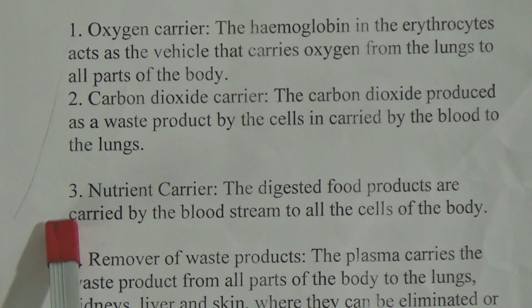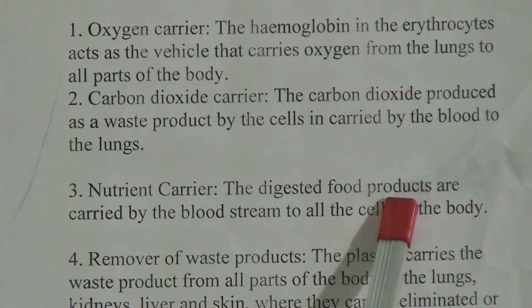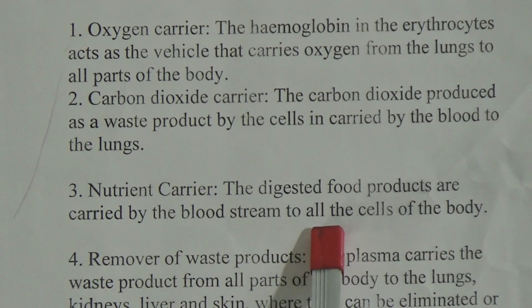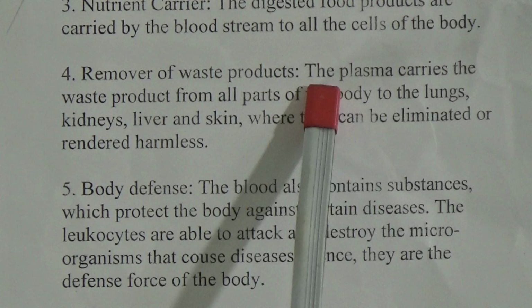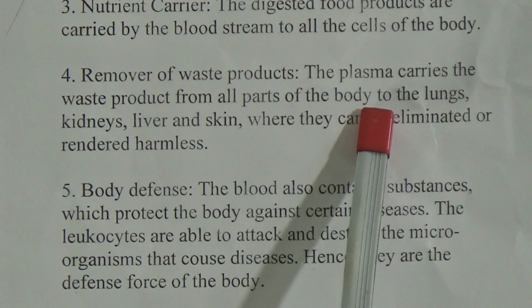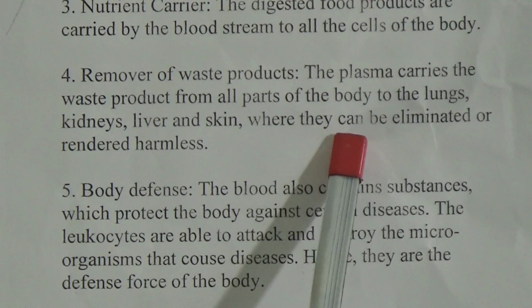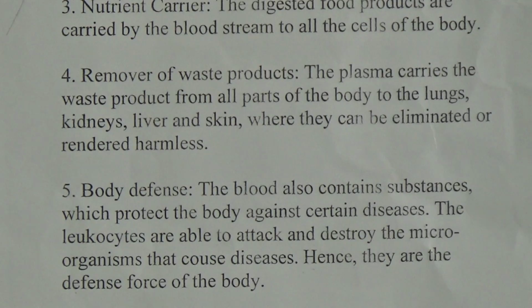3 number is nutrient carrier. The digested food products are carried by the blood stream to all the cells of the body. 4 number, remover of waste products. The plasma carries the waste products from all parts of the body to the lungs, kidneys, liver and skin where they can be eliminated or rendered harmless. 5 number, body defense.